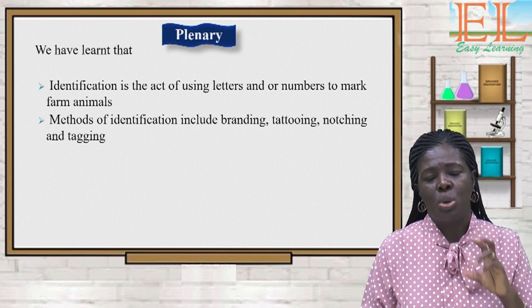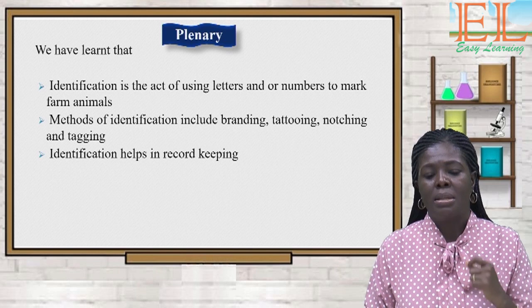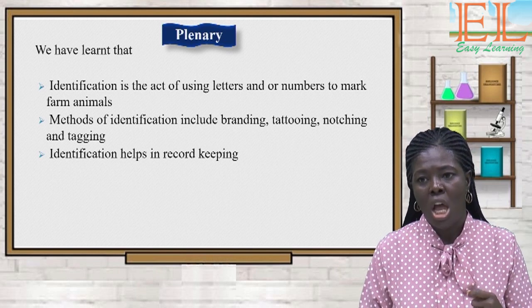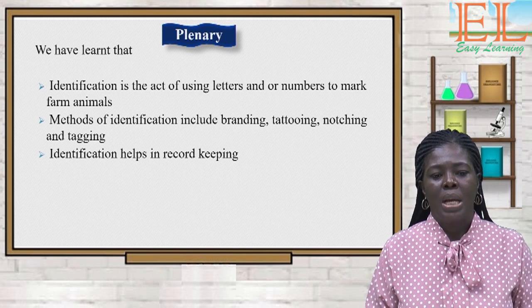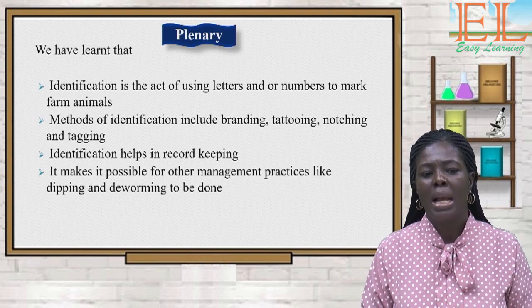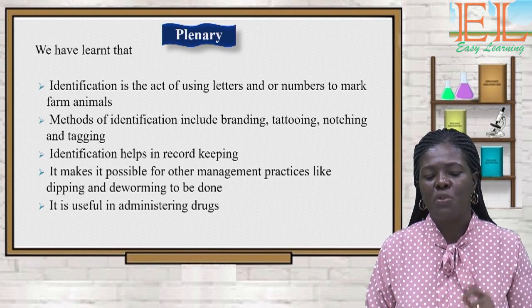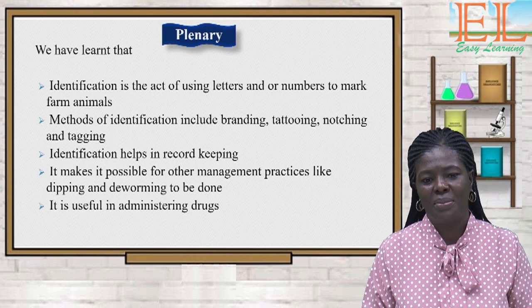We also saw the importance of identification, and we said it helps in record keeping and for tracking. And it makes it possible for other management processes like dipping and deworming to be done. It is useful in administering drugs.